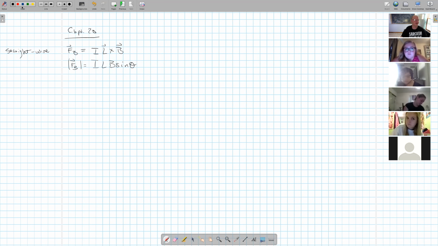Okay. Where again here, the angle is the angle specifically between the magnetic field and the length vector, which points in the direction of the current. Okay. So this is then our angle theta.